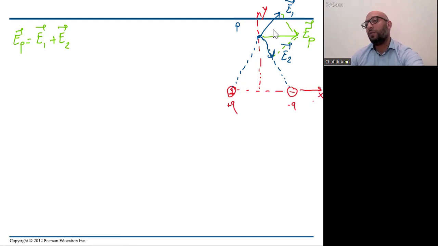So you see here that the vectors E1 and E2 both have x and y components. What do you think about the y components of these two vectors? Let's draw the y component of the vector E1. This is E1y. What do you think about E2y? This is E2y. What do you think about the distance between the positive charge and the point P, and the negative charge and the point P?